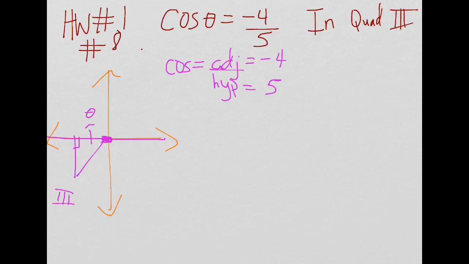The problem will ask you to find all 6 trig functions, but we've got to label the triangle first. So there's my angle, the adjacent side is -4, the hypotenuse is 5. What's the other side going to be? 3. Close. Negative, -3.